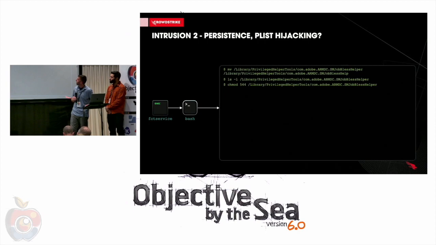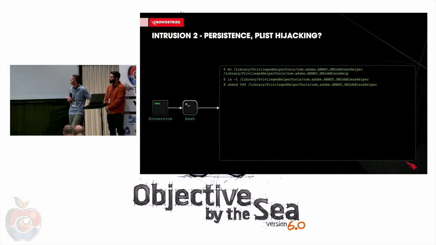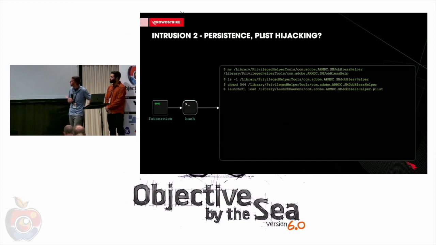So right now, the legit sm jobless helper binary has been set aside, and now their malicious one is called sm jobless helper. From there, they load the legitimate com.adobe.rmdc.sm jobless helper plist, which legitimately exists on the system for Adobe, and that's going to launch their implant.